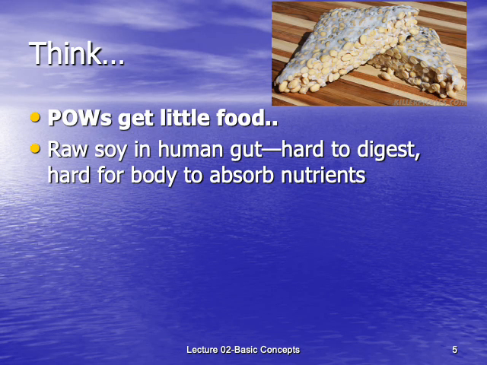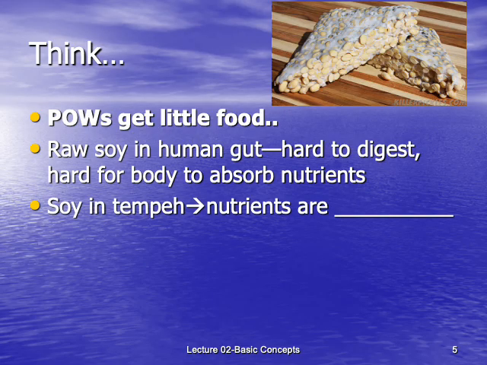But the prisoners of war were pretty much being almost starved to death. They were getting very little food, so they had to be able to absorb all the nutrients in the little soy they were getting to survive. Once the soy was in the tempeh and the mold was secreting enzymes, it was being completely broken down by these highly sophisticated enzymes made by the mold.